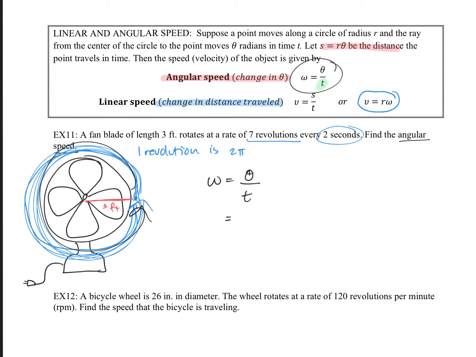Theta is going to equal 7 times 1 revolution, which is 2 pi. And that would be 14 pi. So theta is 14 pi. And the time that we have is given as 2 seconds. So simplifying that out, we'll end up with 7 pi radians. Remember, we're in radians. Per, and what's our other unit? Seconds.